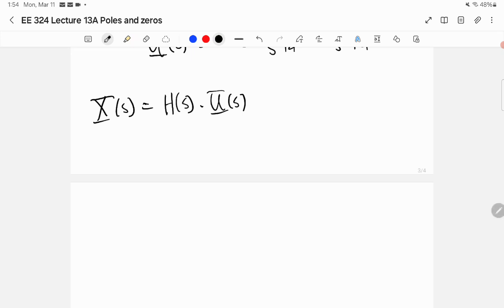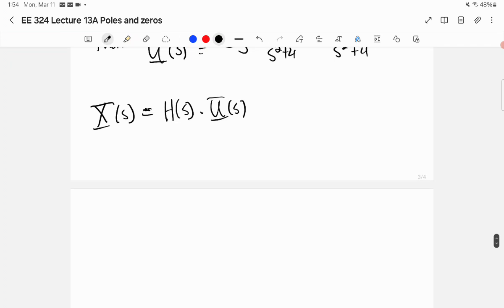The initial conditions don't play anything in terms of the asymptotic meaning as we go off towards t equal to infinity. As t goes to infinity, the asymptotics don't care about the initial stored energy in the system.